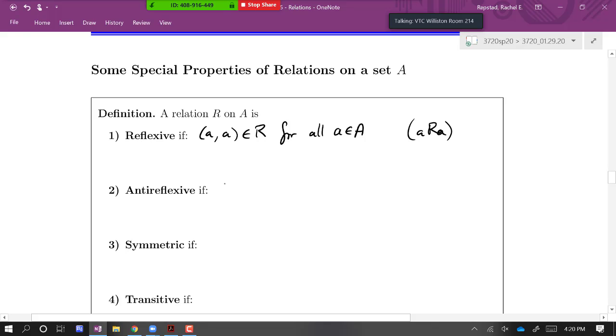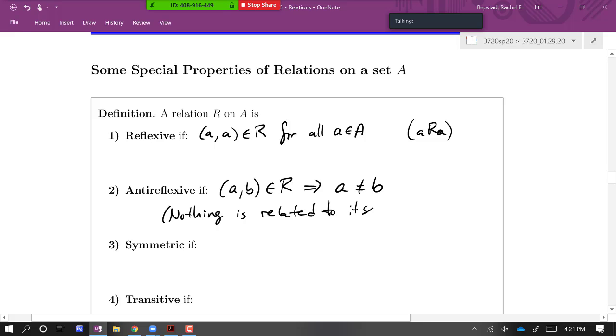So if the ordered pair (A, B) is in the relation, it means that A cannot be equal to B. Up here, everything is related to itself.